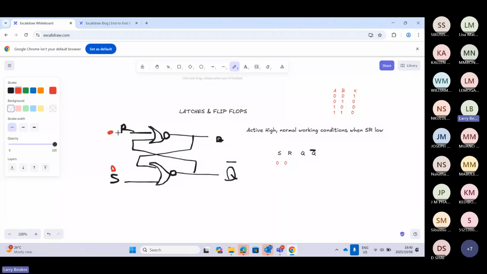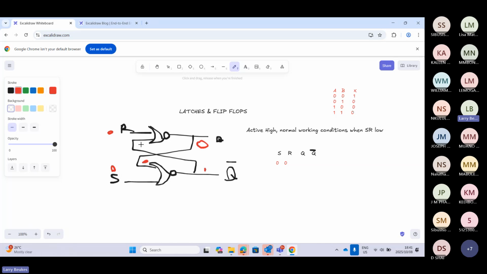When S and R are 0, let's start with the normal working condition of this being 0 here. If Q, for example, is 0, we're going to feed it to this input. So here we're going to have a 0 and a 0, and we know it gives us a 1. So our Q naught will be a 1.